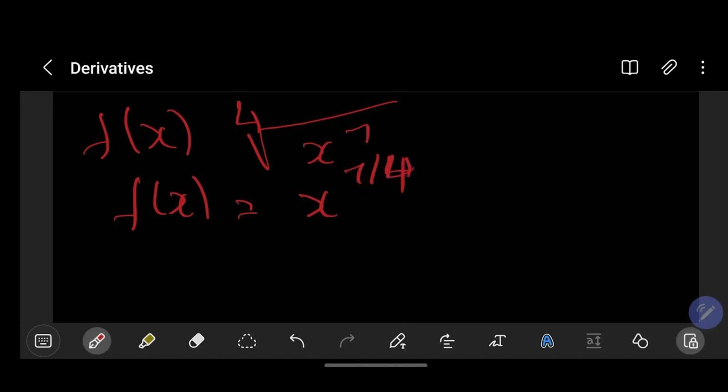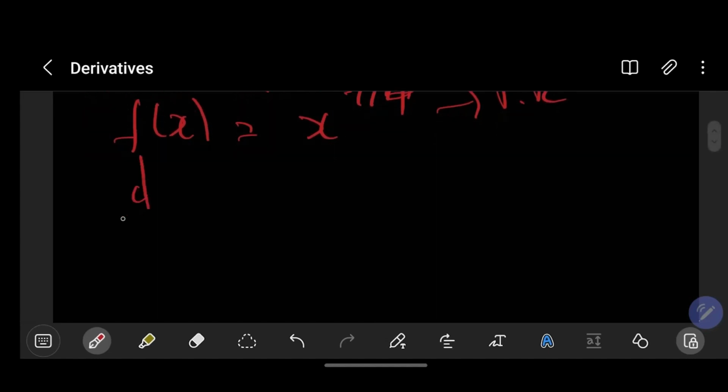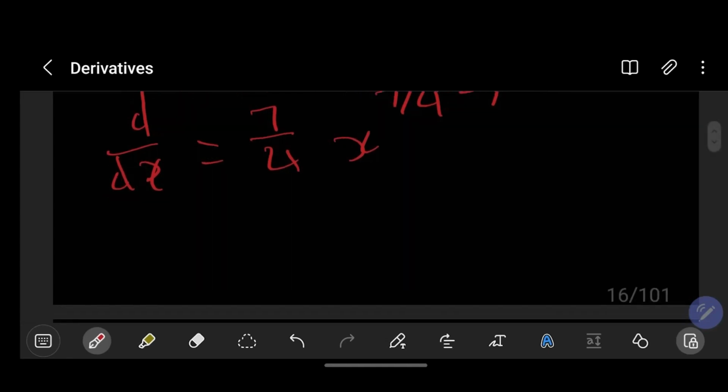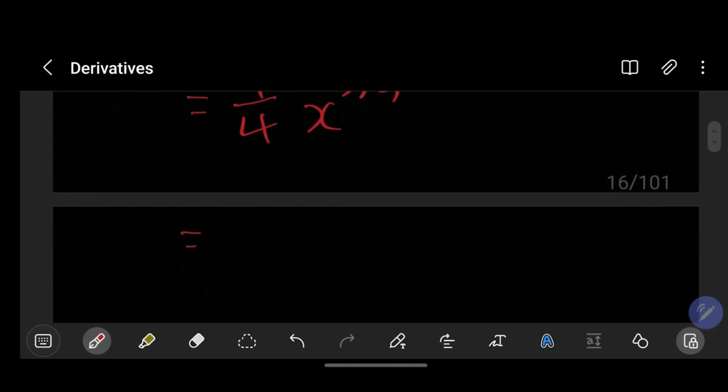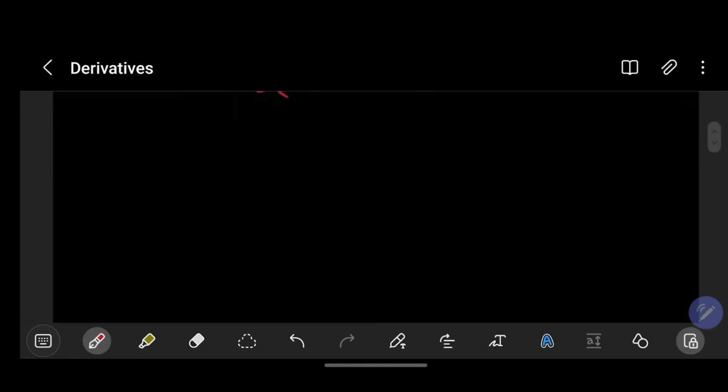Okay, so now we can use the power rule here, and by doing so we can find d dx is equal to 7 over 4 x to the 7 over 4 minus 1, and 7 over 4 minus 1 is 3 over 4, so it's x to the 3 over 4, and we can rewrite this as 7 over 4 times the fourth root of x cubed. Okay, so taking it back to its original format.